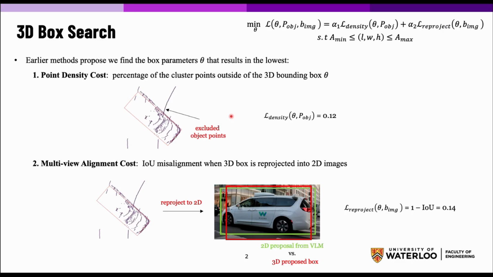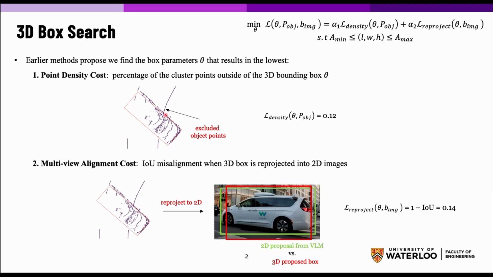So how do we parameterize the loss function, or what terms do we take into consideration? Earlier methods propose we find these parameters by considering two main costs. The first being point density cost. And this is simply the percentage of cluster points outside of the 3D bounding box.